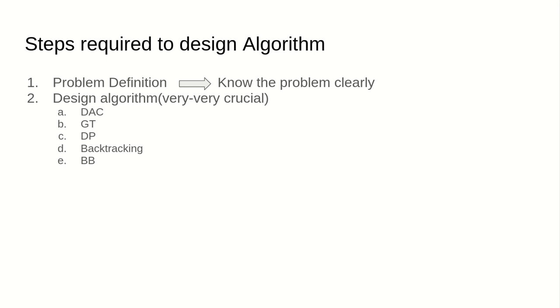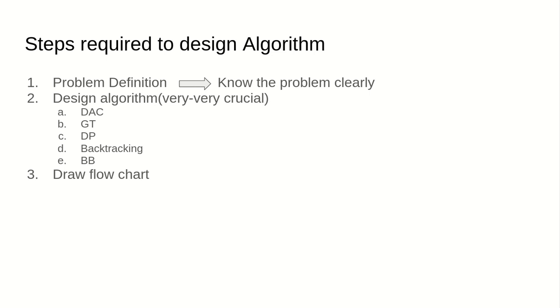Now in the third step we will draw a flowchart. After designing an algorithm, 80% of the work is over. First it was 50, now 80% of the work is over. Now draw the flowchart.